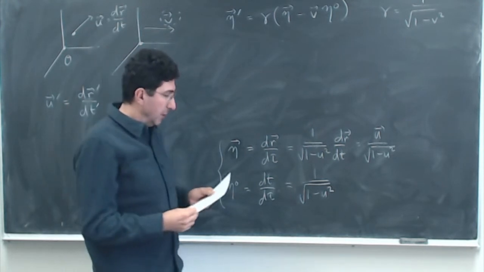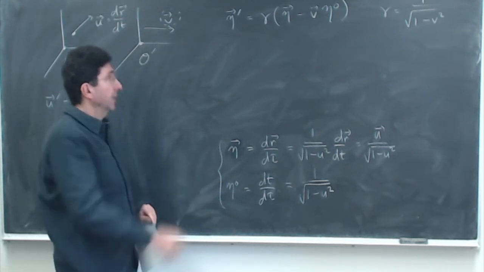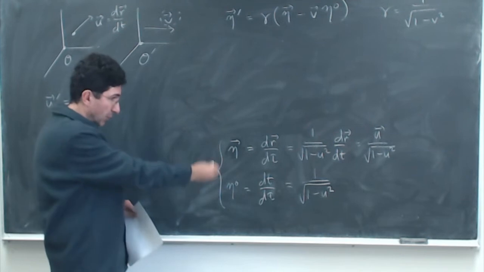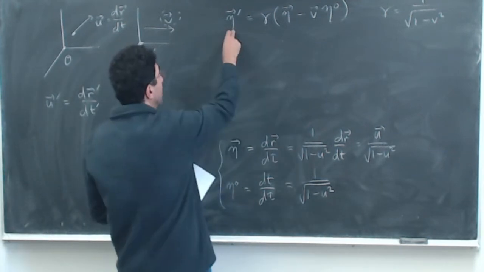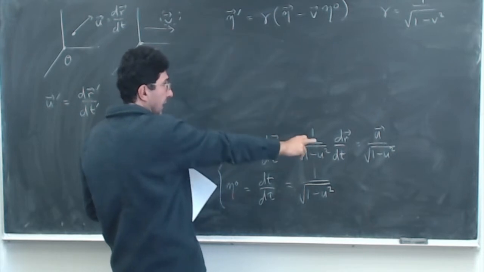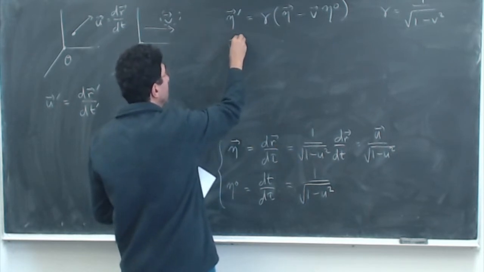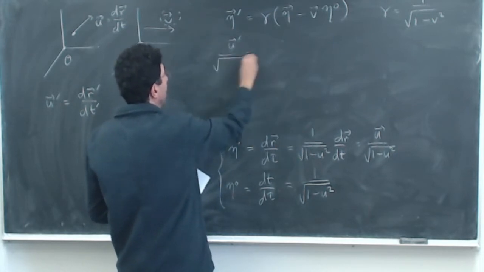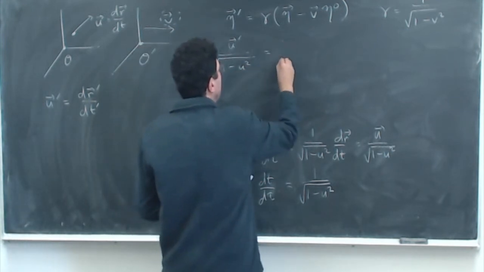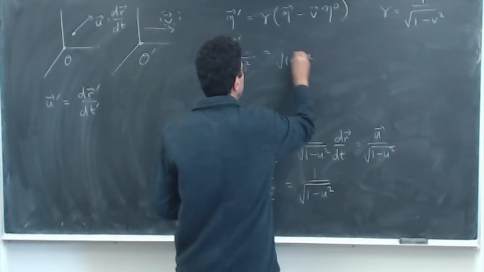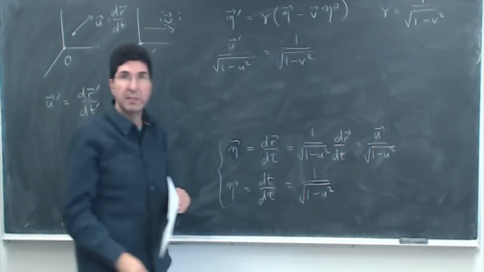If we plug in here what eta and eta 0 are, these formulas are valid in any reference frame with appropriate primes. And so for eta prime, what we get is u prime divided by square root 1 minus u squared, and that's equal to gamma, which is 1 over square root 1 minus v squared.